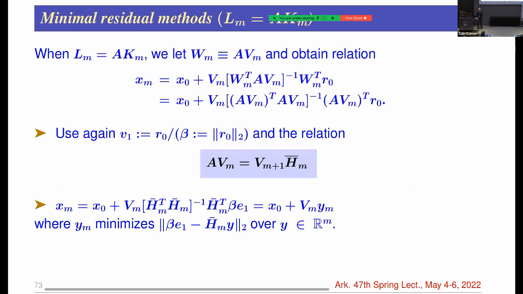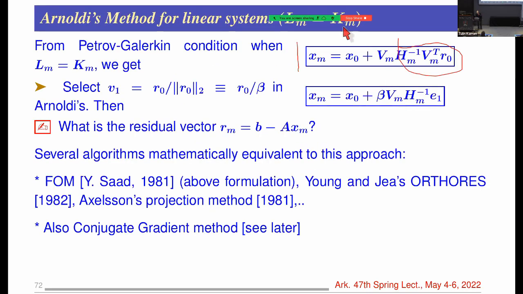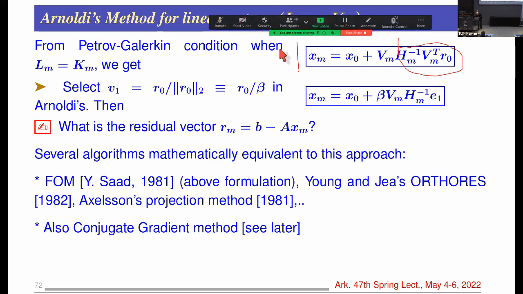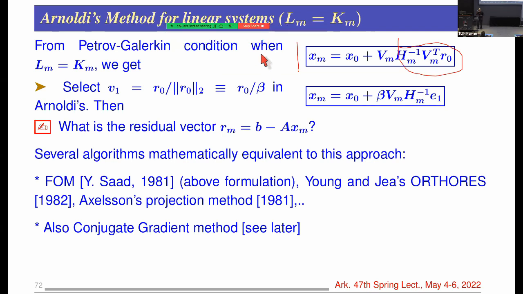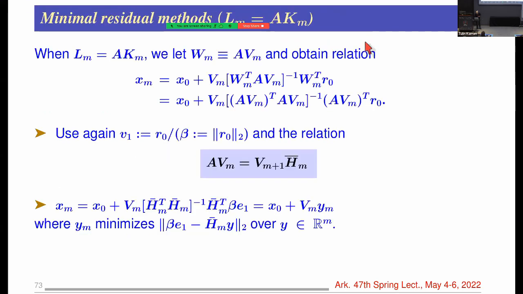And then you have other methods. The method I just described is when using Lm equal to Km. The other methods use Lm equal to A Km.